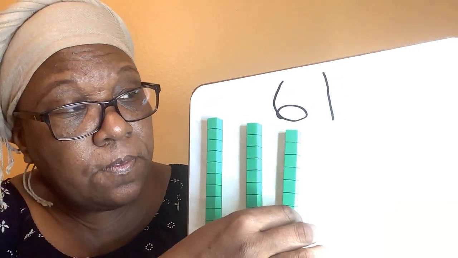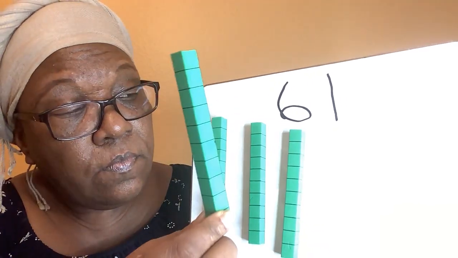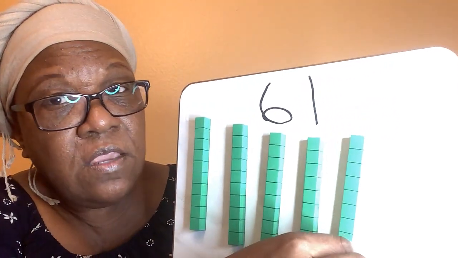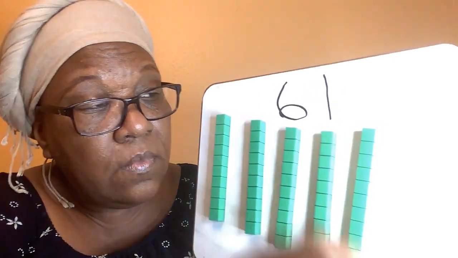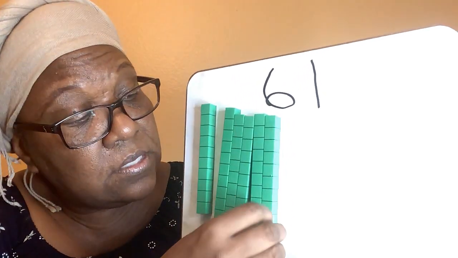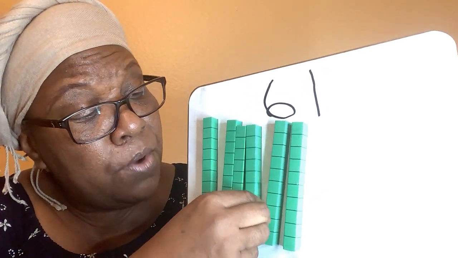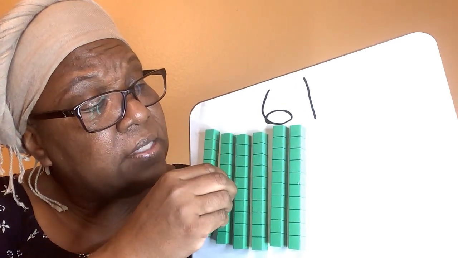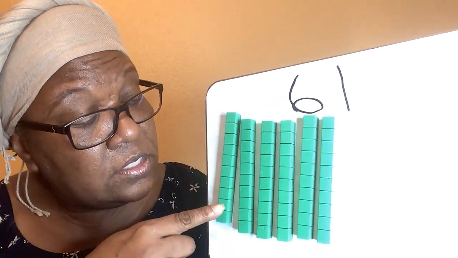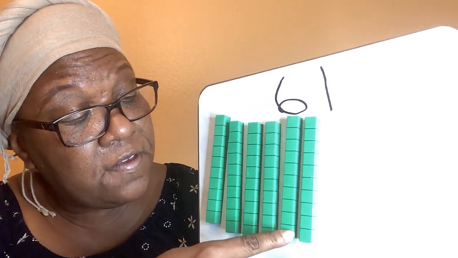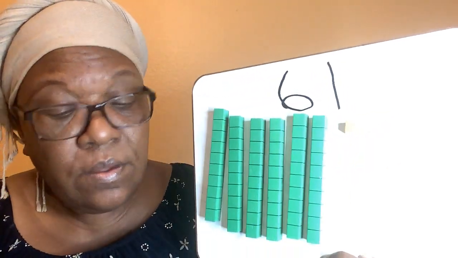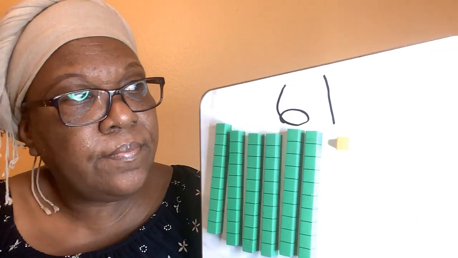This would be what? 30, good. 40, good. 50, 60, right? We got 60. But we're not done. Always ask your child, are we done? So let's do it again. 10, 20, 30, 40, 50, 60, 61. What is that? 61.